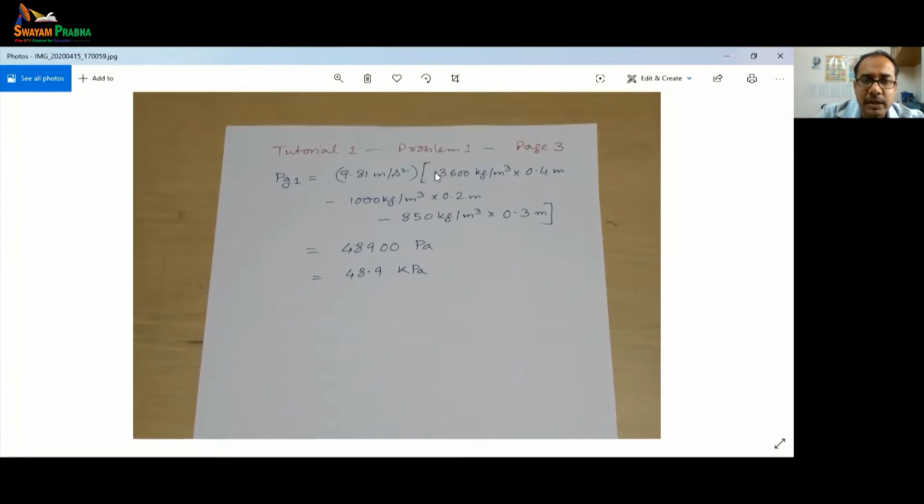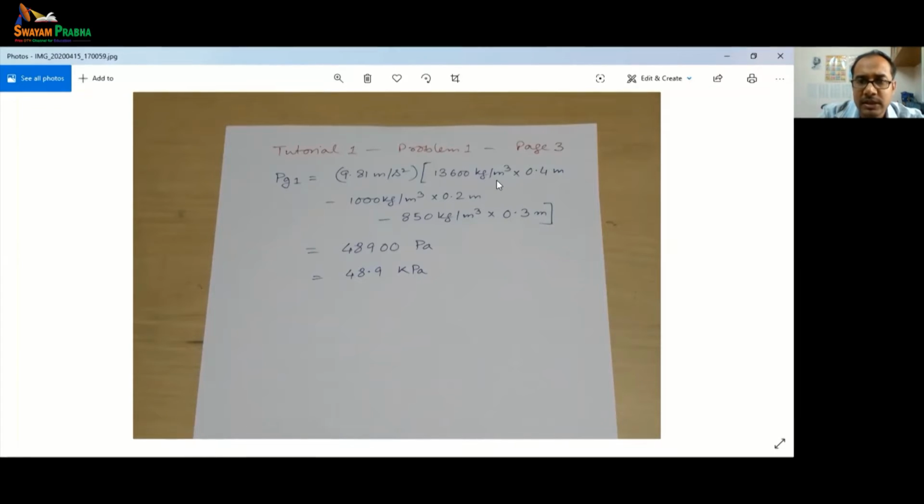One more thing I want to emphasize here is that whenever you write any quantity, please write it along with its complete unit, and that too in SI unit, so that you follow a consistent unit system, and that will give you a quantity which will be consistent for that particular unit system. Here I did not write just 9.81, I wrote 9.81 meter per second square.